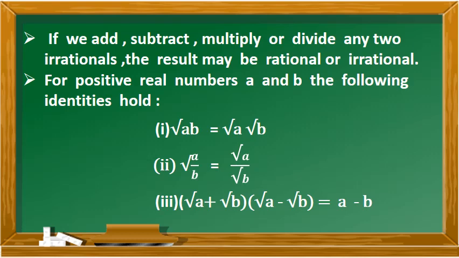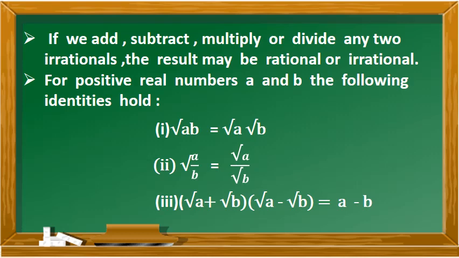The next point is, for positive real numbers A and B, the following identities hold. First one is square root of AB is equal to square root of A into square root of B. AB is inside the square root and it is multiplied, so you can write it as square root of A into square root of B by splitting.